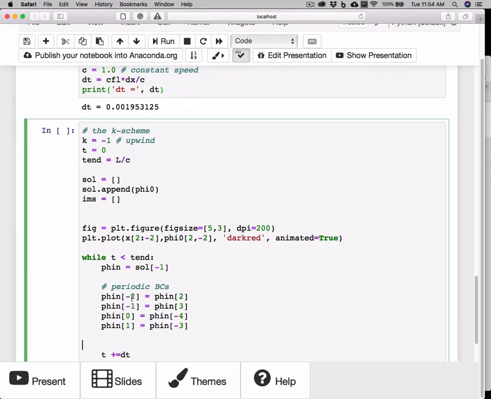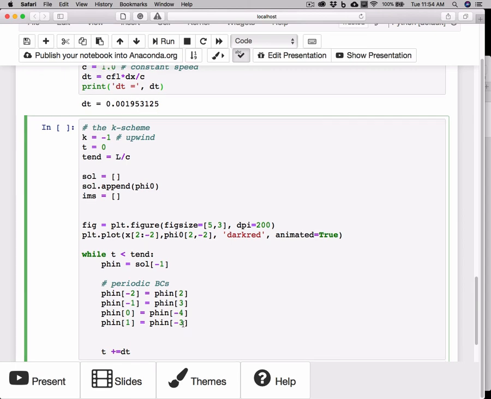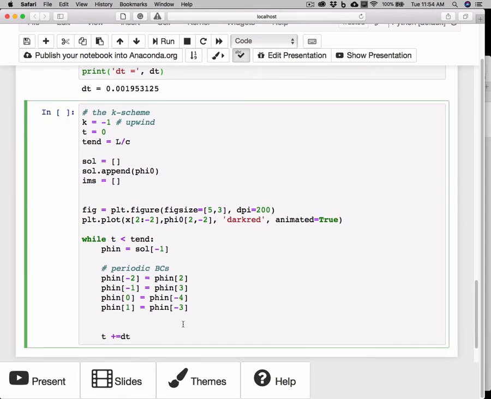I'm going to take phi n and apply the periodic boundaries right here at the beginning. So phi n[-2] is phi n[2], phi n[-1] is phi n[3], and then phi n[0] is phi n[-4], and phi n[1] is phi n[-3]. So we filled the ghost points with interior points at the beginning of the simulation.